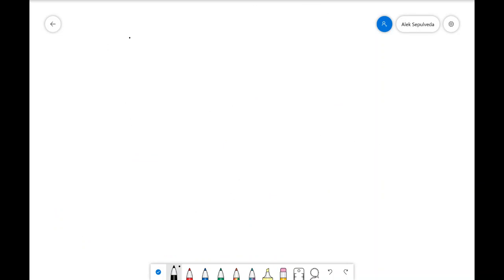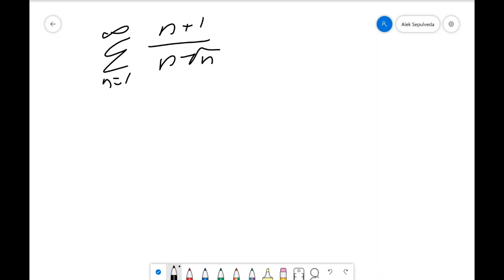So we are given the series from n equals 1 to infinity of n plus 1 all over n square root of n. We are going to perform the direct comparison test.